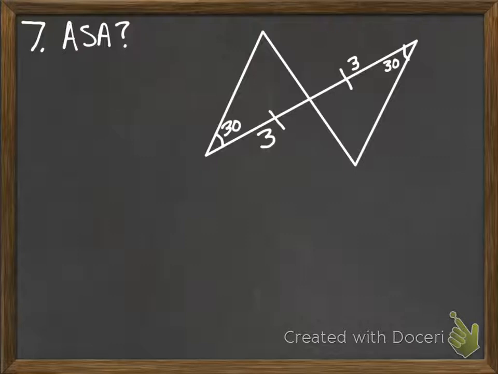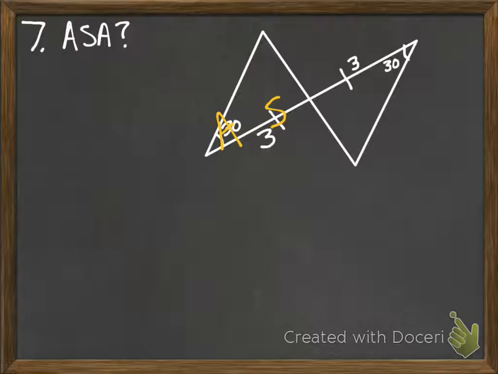Number 7, same question again. Can we use angle, side, angle to prove these two triangles congruent? Well, just looking at the shapes, I see that I have an angle, and then I have a side based on their numbers. So it appears like we can't prove it because I just have an angle and side.